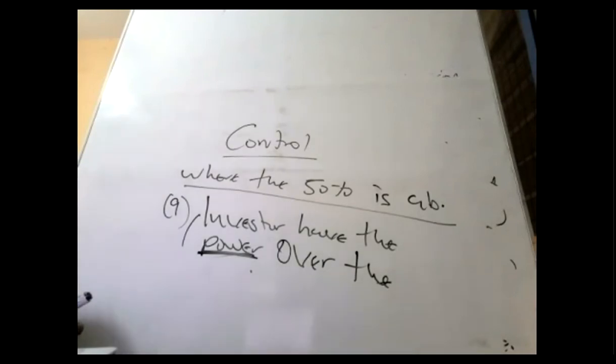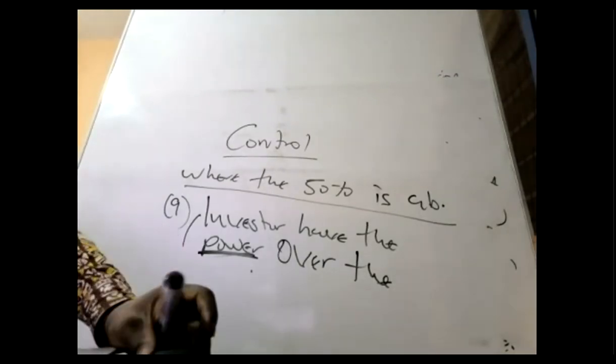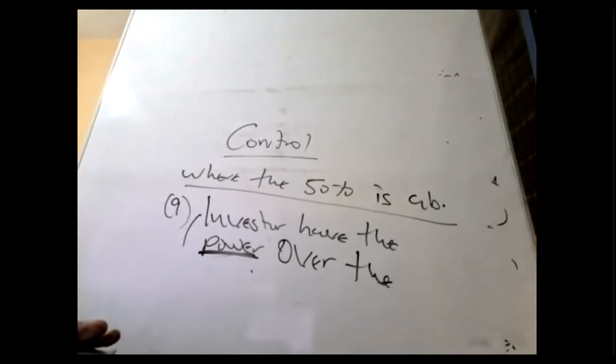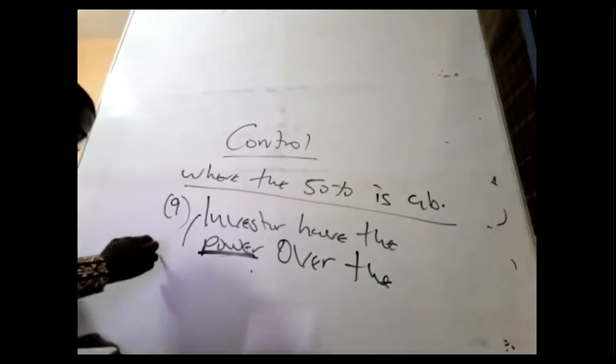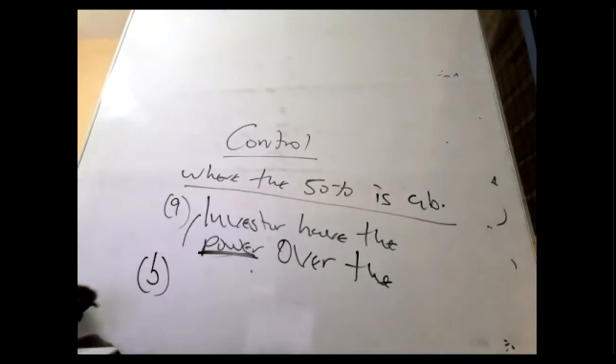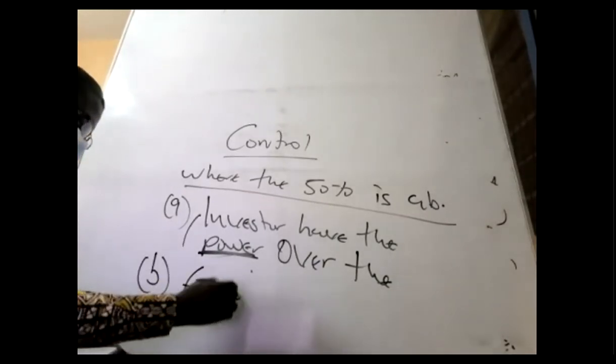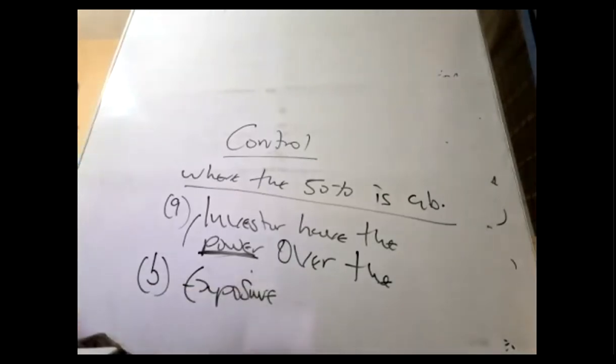Okay, so the next point is exposure or right to variable returns from involvement in the investee. So let's examine now.